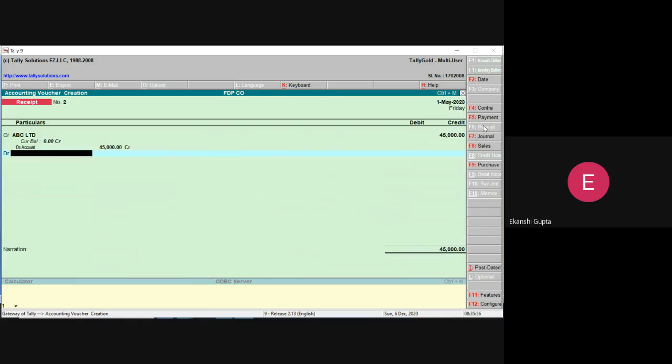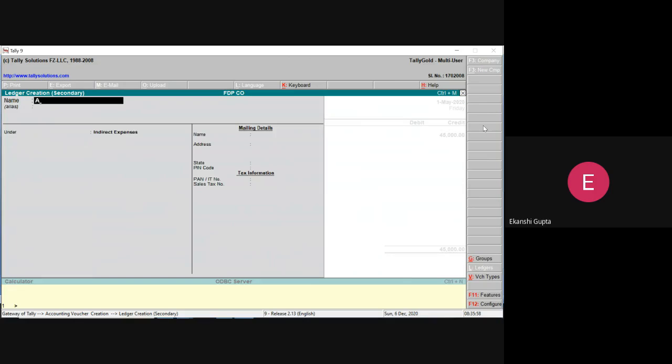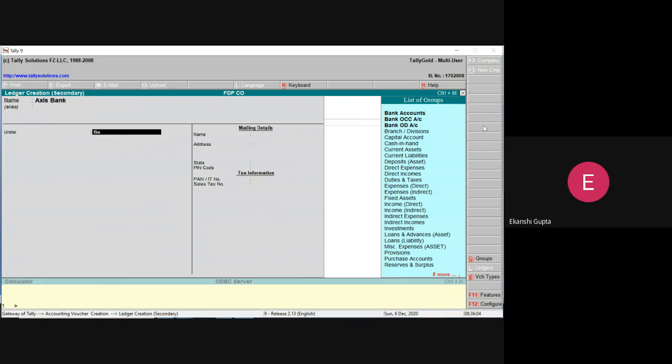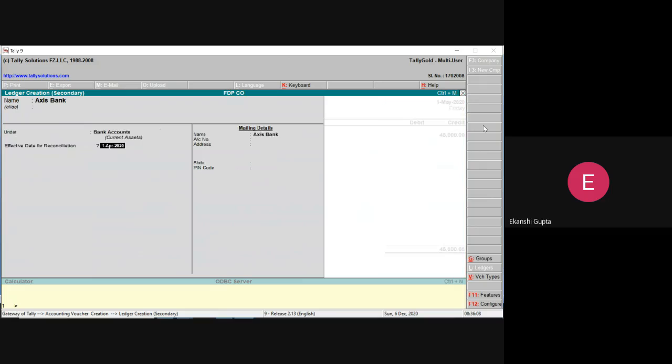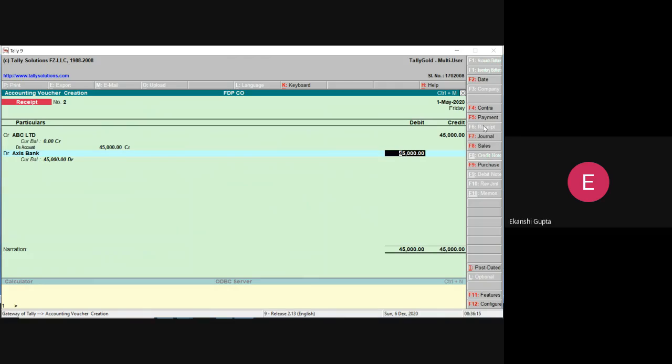So I'll just click on Alt plus C and create Axis Bank. It will be under banks, and the amount will be 42,500.